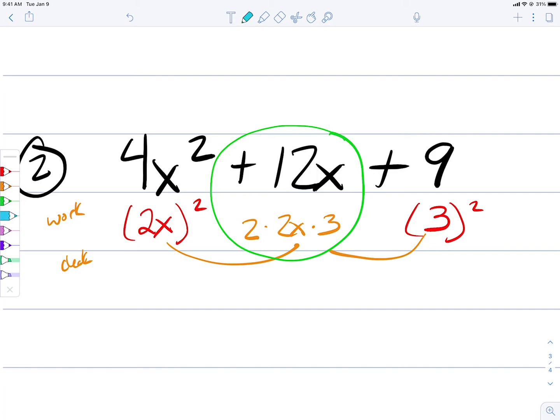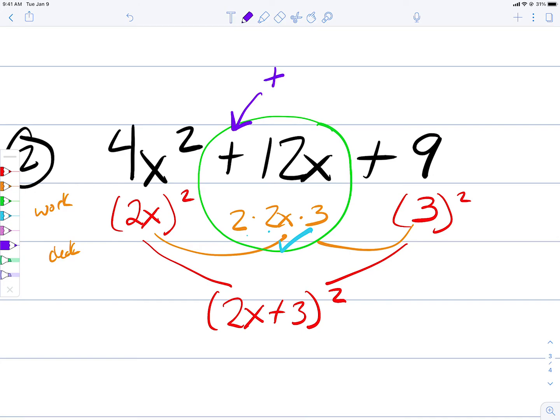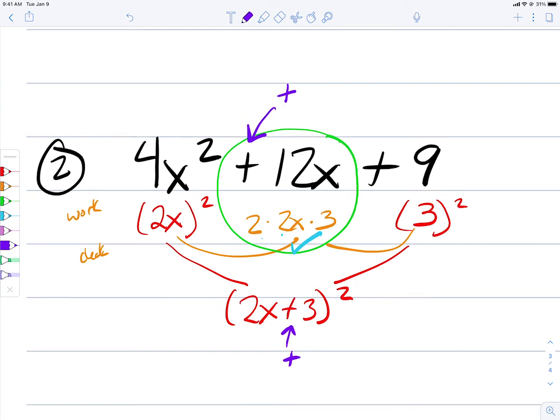Does the middle term work? 2 times 2 is 4, times 3 is 12. Check, it works. So I'm going to take my two answers, I'm going to put them in a binomial, and I'm going to square them. And again, I know it's a plus because that right there is a plus. That's why it's a plus between the 2x and the 3.